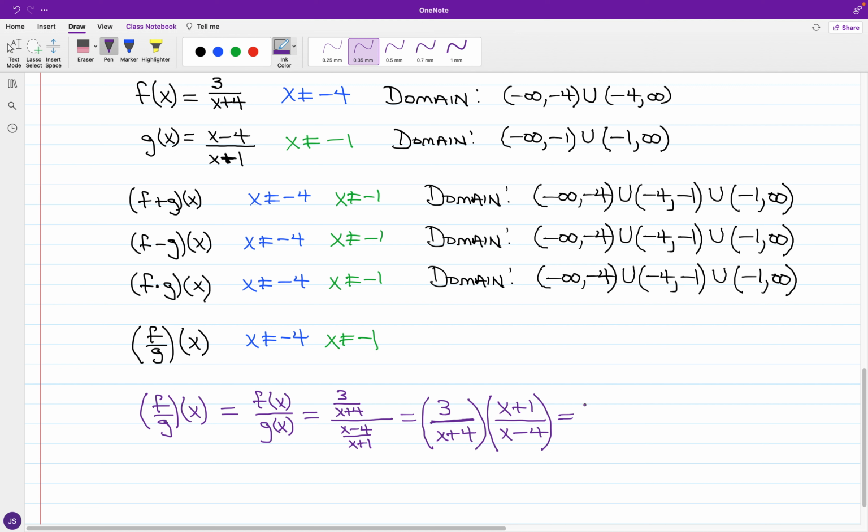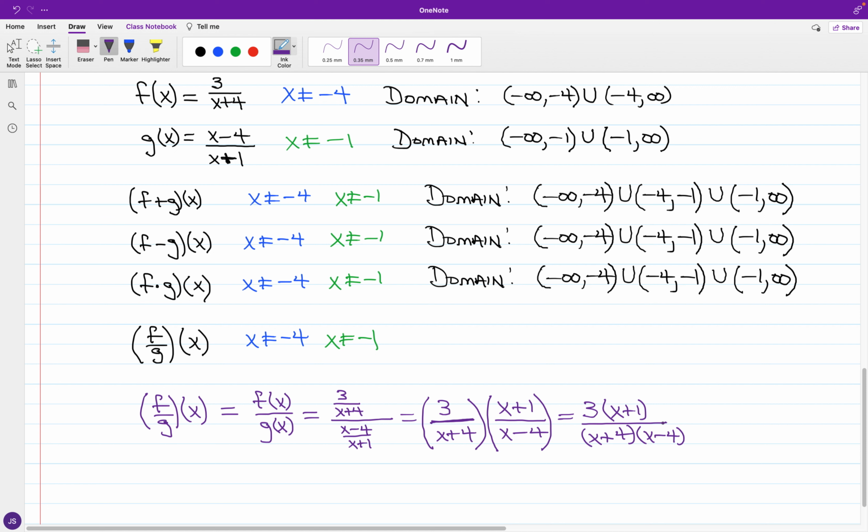In the follow-through, you're going to have 3 times the quantity x plus 1, all over x plus 4 times the quantity x minus 4.